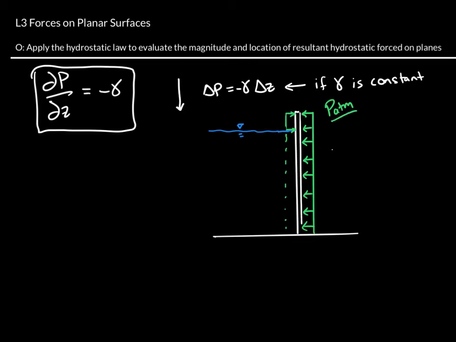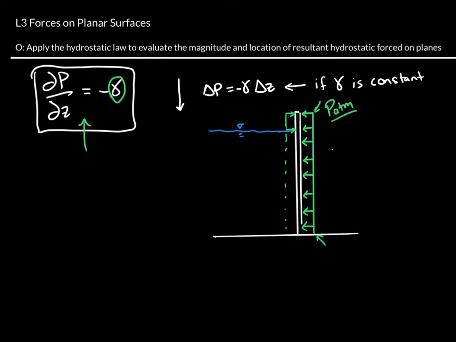Now you might say, wait a second, you just said the hydrostatic law says pressure increases as we move downwards. In this case the fluid is the atmosphere, it's air. But in problems with water, the gamma of air is so small compared to the gamma of water that the hydrostatic difference from the top of the dam to the bottom is negligible.